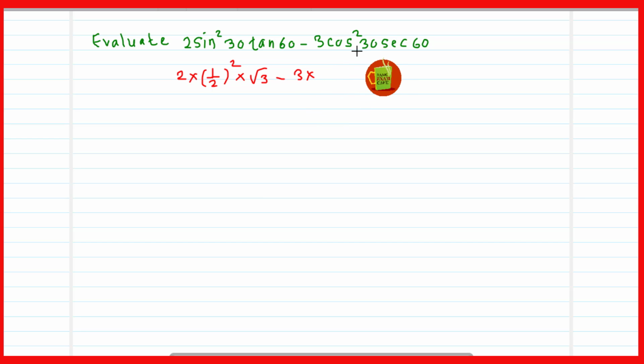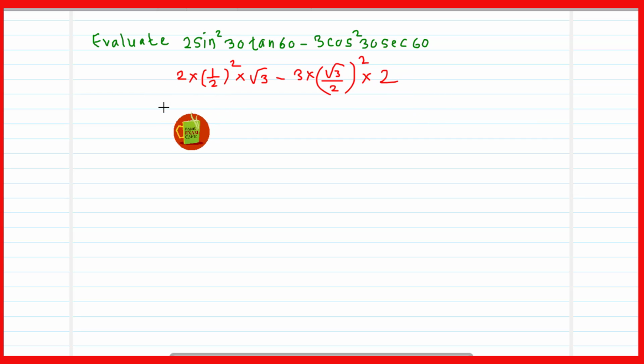Cos 30 is what? It is root 3 by 2, so its square, into sec 60, and sec 60 is what? It is 2.